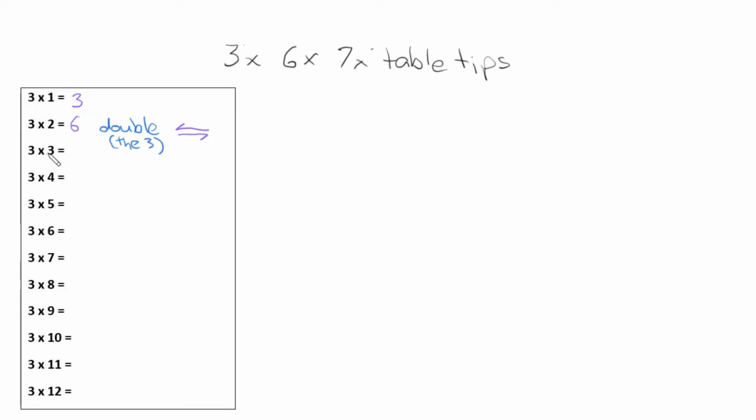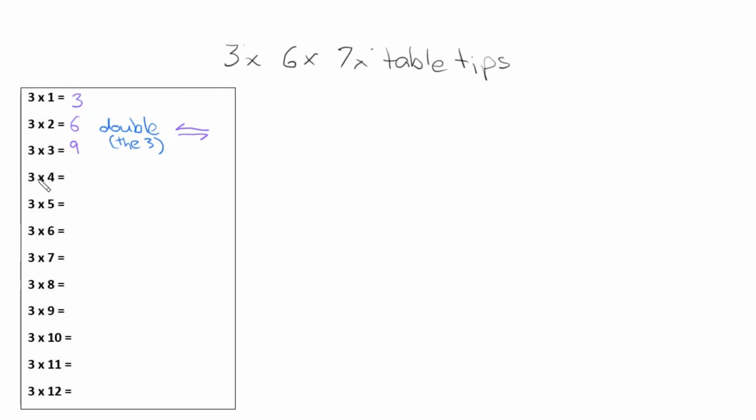With 3 times 3, you could use the skip counting rhythm, 3, 6, 9. That's a very good way to do that. You've only done 3 steps. And 3 times 4, you revisit our double trick. So again, flip it, do 4 times 3, and you do your double trick for the 3.